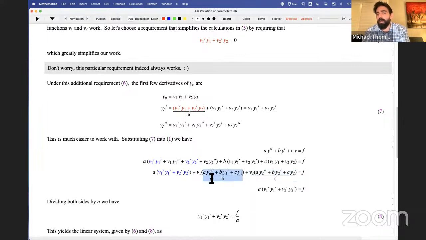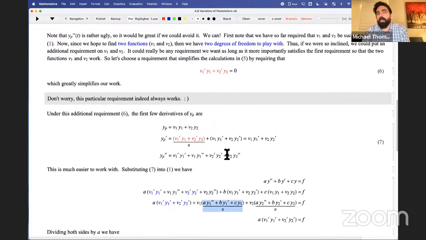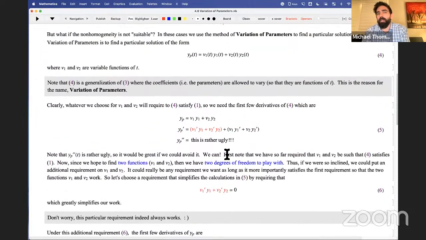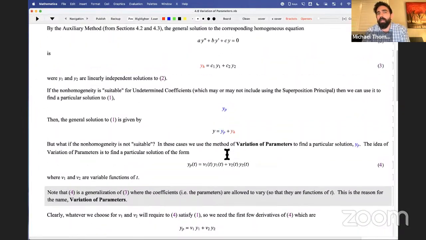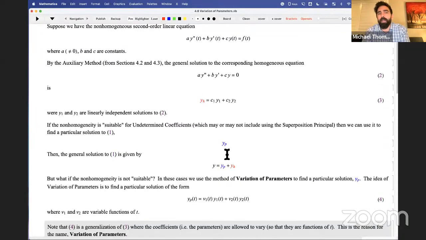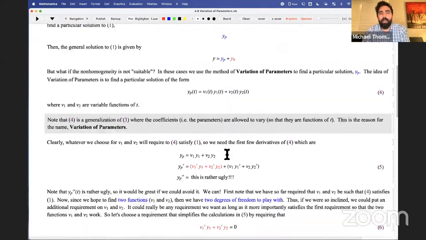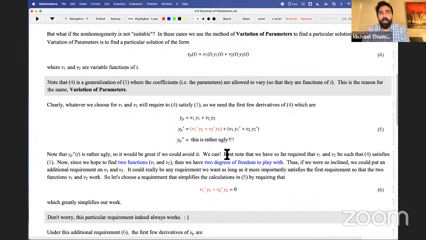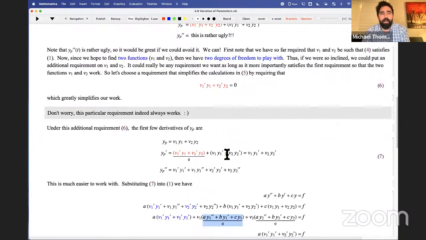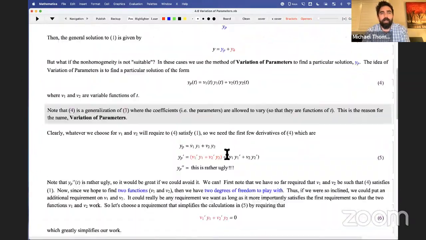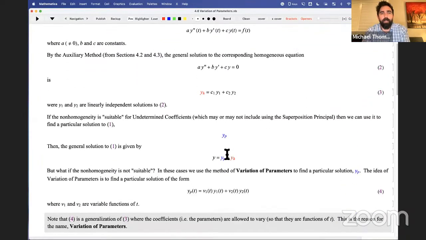The next thing we're going to do is make a simple note to ourselves. Y1 and Y2, if you remember what those are, where are they? Where's my Y1 and my Y2?